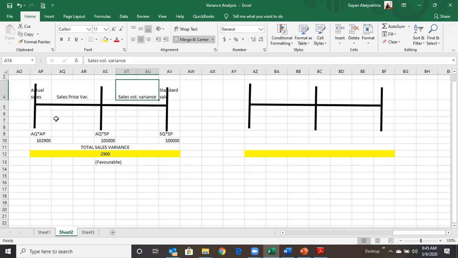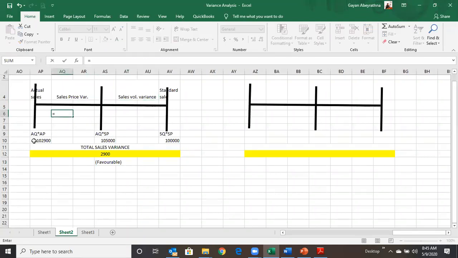Okay, now let's calculate. Here, the difference between these two columns is 2100. They have actually earned 102,900.